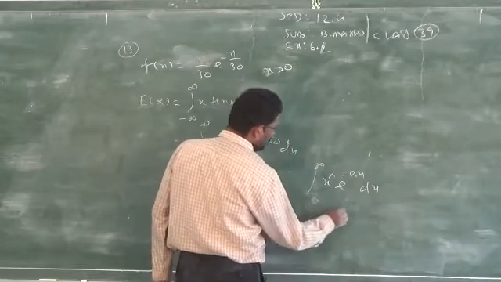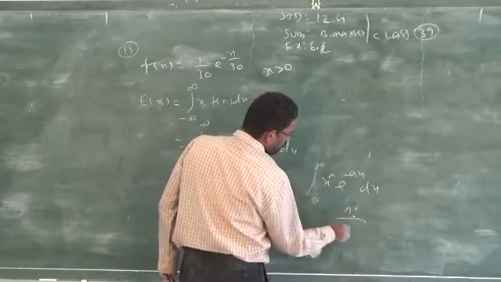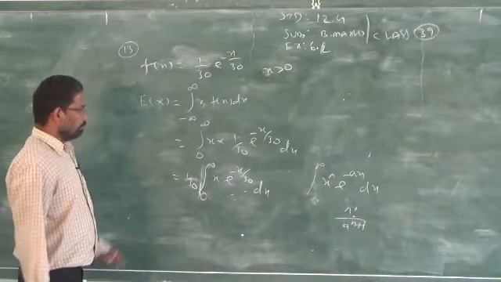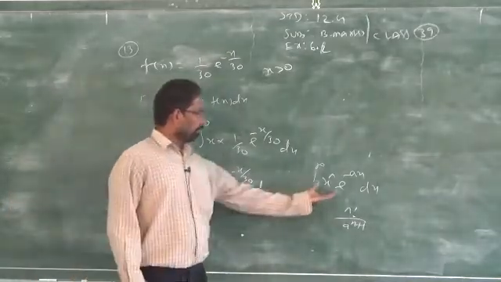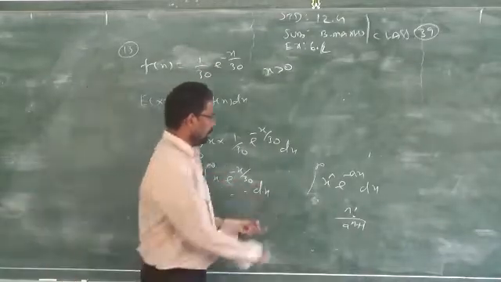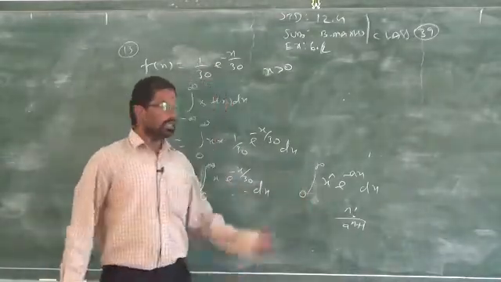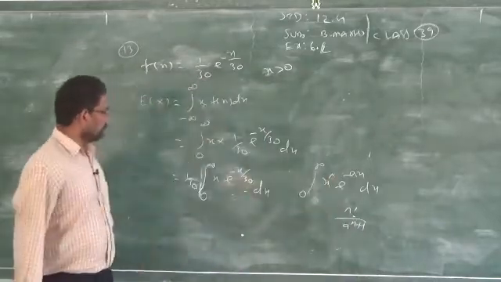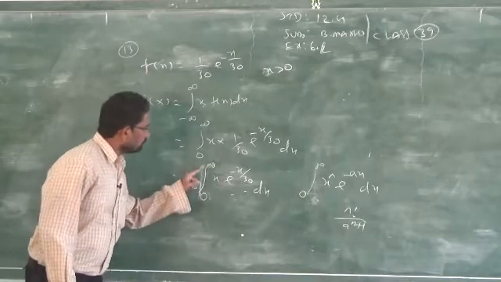We have the formula, that is n factorial by a power n plus 1. This is the formula to simplify this type of format if the limits are 0 to infinity. When the limits are not from 0 to infinity, you cannot apply the gamma integration. Gamma integration is only suitable for the limits starting from 0 to infinity.